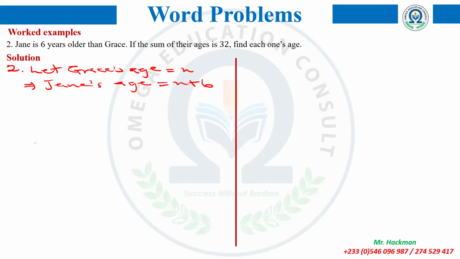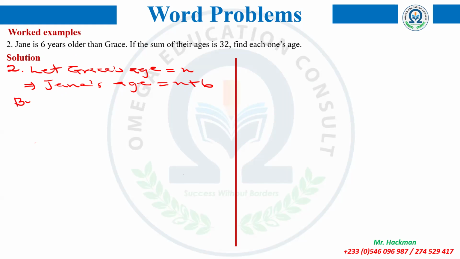No. It means the connection we have here is for their present ages. If it were future ages, then we'd add, like in 10 years' time, or 5 years ago, then you see the connection is talking about future or past ages. So take note.